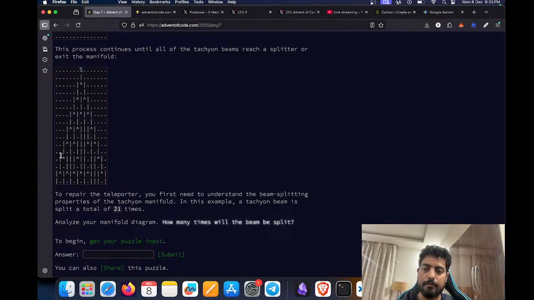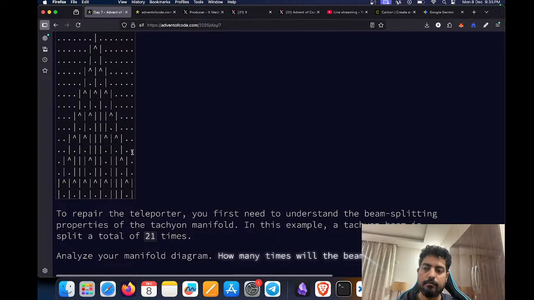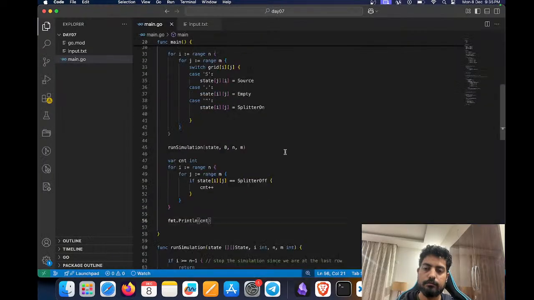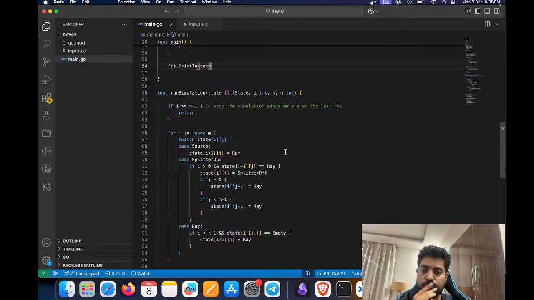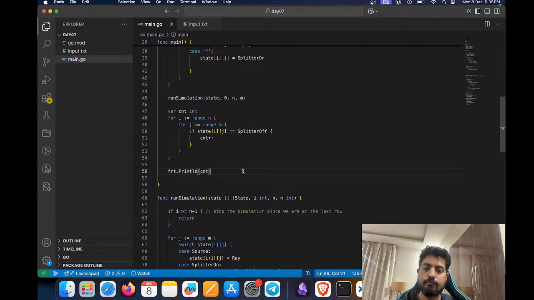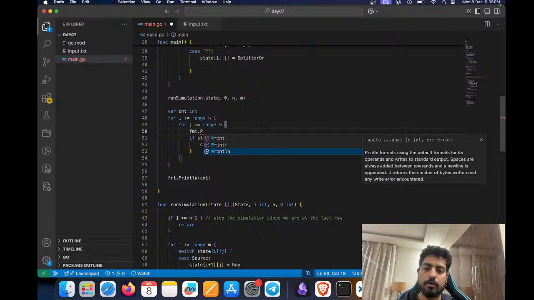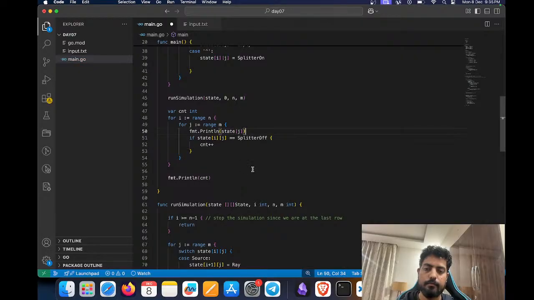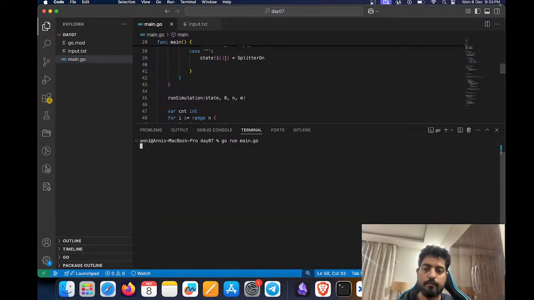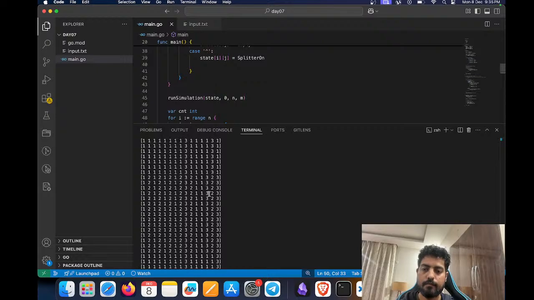So this splitter was above that, and hmm, I'll also print this state array, state[i]. Okay, so this is it.